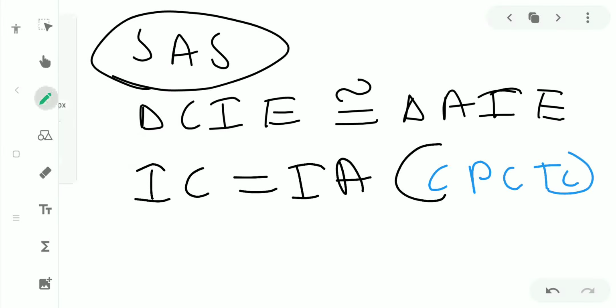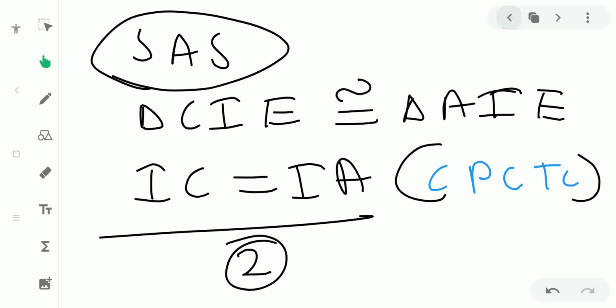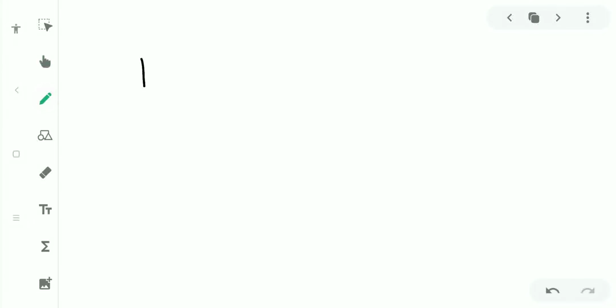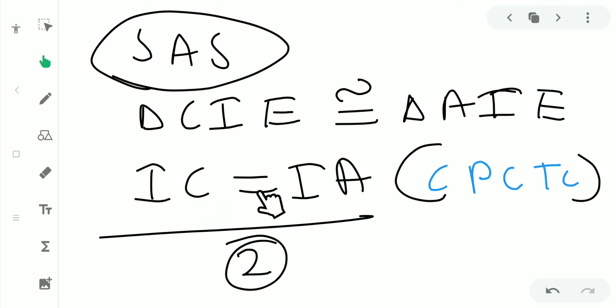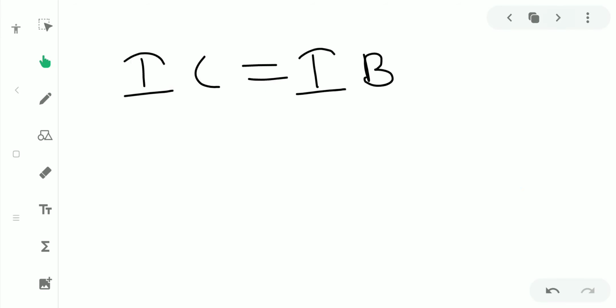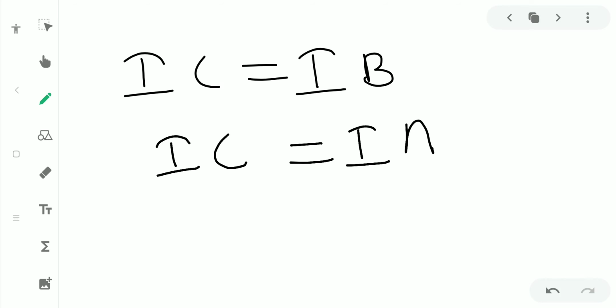Now first one is IC is equal to IB, and I have IC is equal to IA.